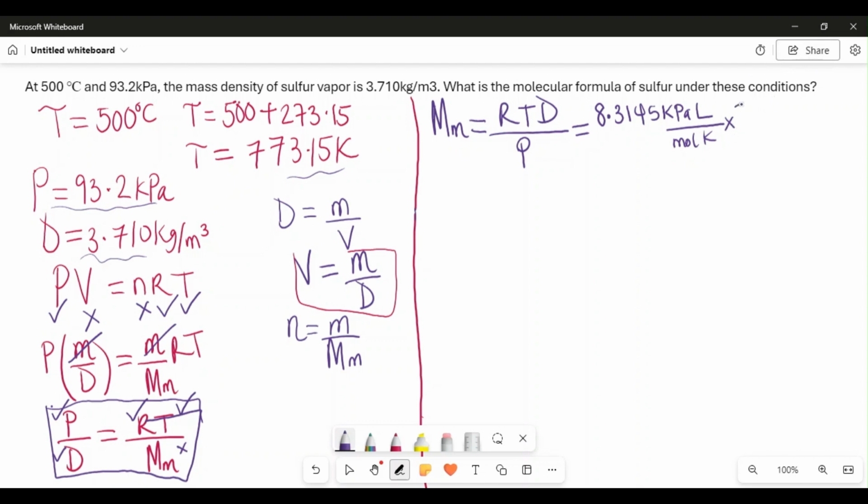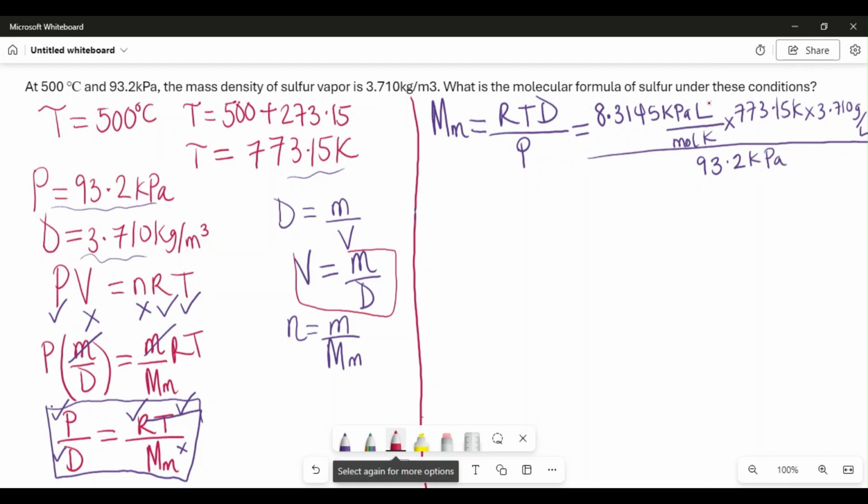And you've got temperature to be 773.15 Kelvin times the density to be 3.710 gram per liter. All of that information divided by the pressure, 93.2 kilopascal. So we're going to cancel out the liters.